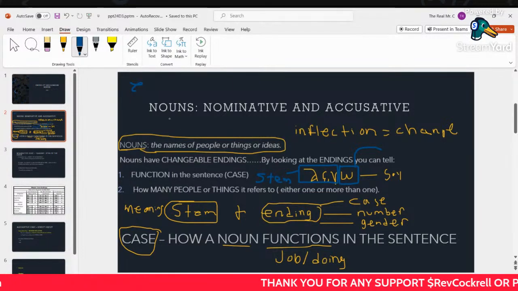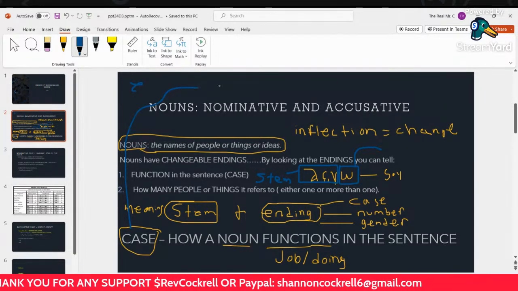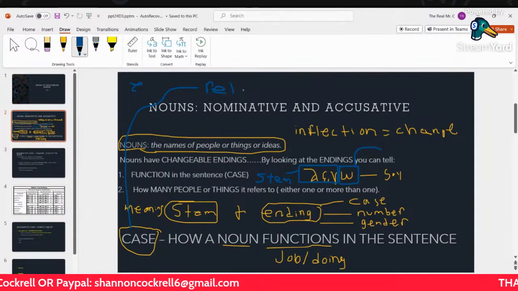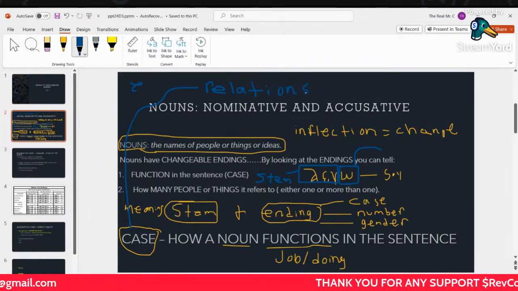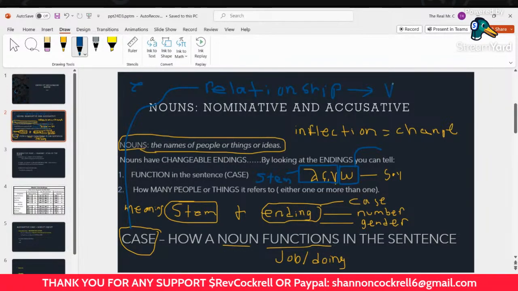So, what do we mean by case? Again, case tells you the noun's relationship to the verb.